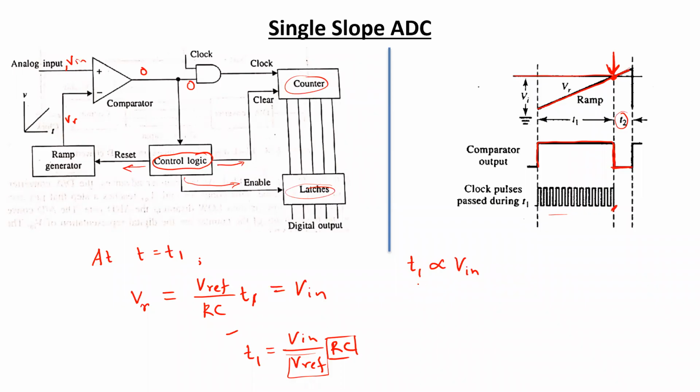And T1 is the duration for which the counter is increasing its count. So whatever the counter has counted within this period of time should also be a representation of the input voltage. In this way, the single slope ADC operates.